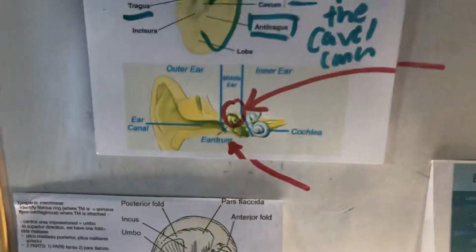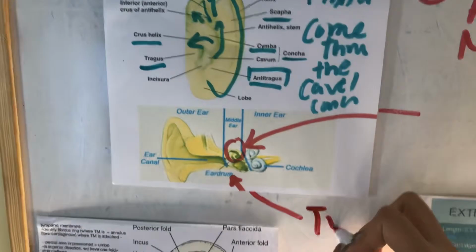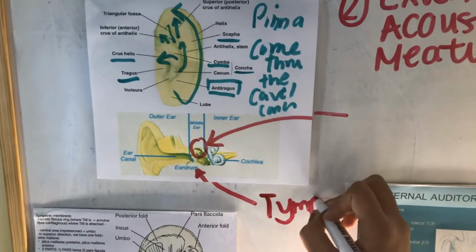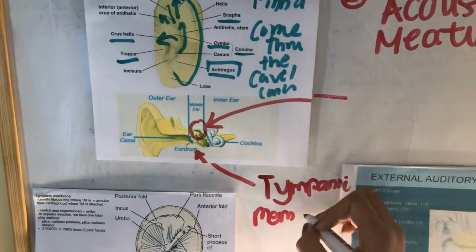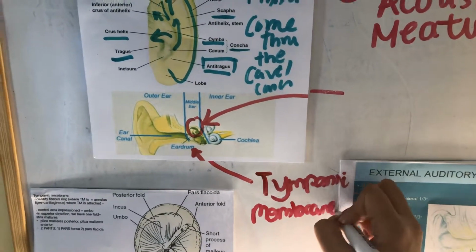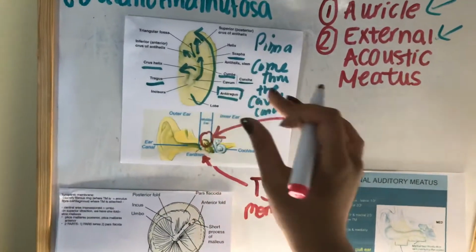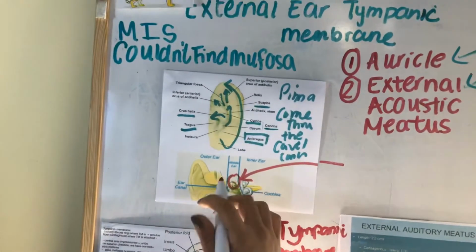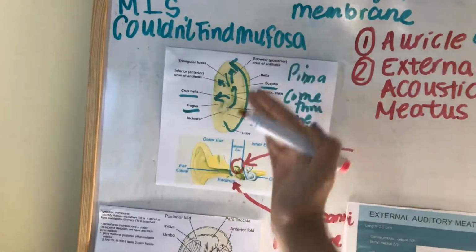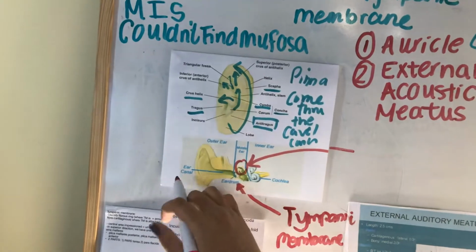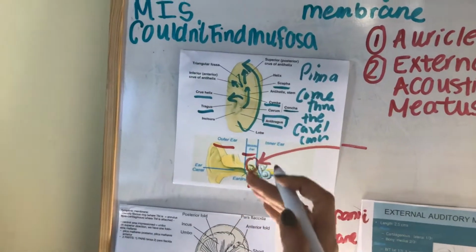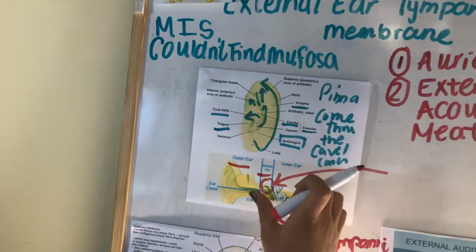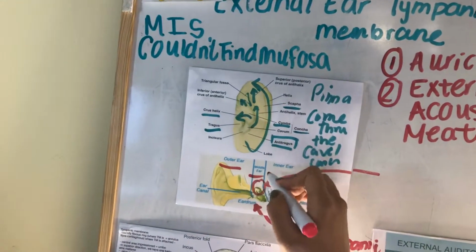The eardrum is also known, to doctors, as the tympanic membrane. So the tympanic membrane is simply the eardrum, and the eardrum is simply the dividing line, the border between the external ear and the middle ear. So that's the eardrum or the tympanic membrane. And then after the tympanic membrane, you can see the middle ear.